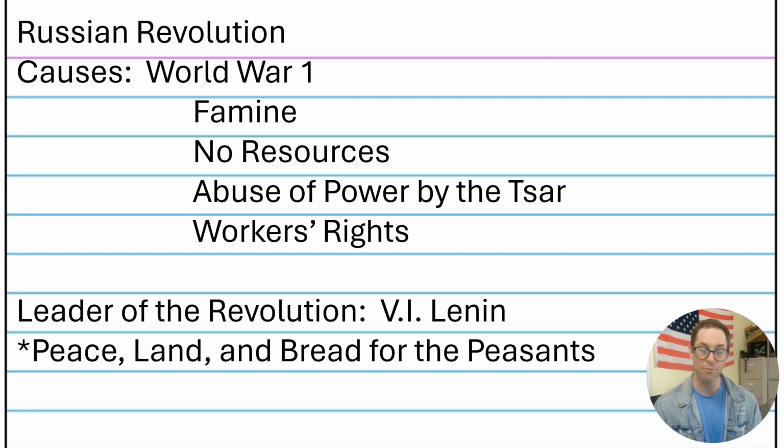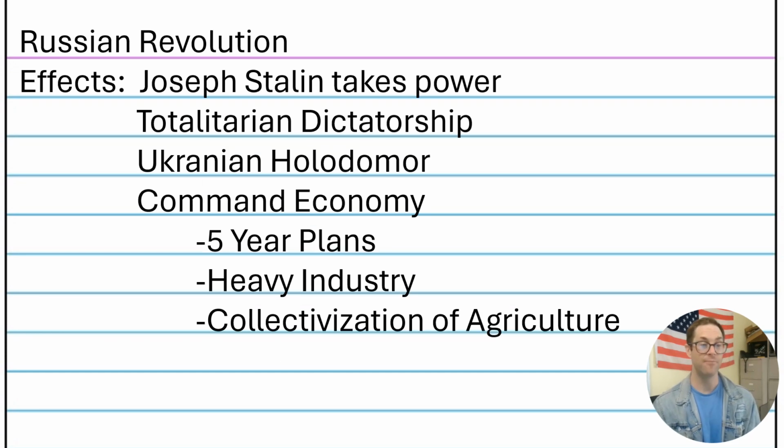Now, the leader of the revolution is V.I. Lenin, and he promises peace, land, and bread for the peasants. And in a way, he does deliver, but he just doesn't live long enough to see it all out. Now, the effects of this are Joseph Stalin taking power. He will turn these communist ideas into a totalitarian dictatorship. Both Stalin and Lenin are guilty of eliminating their competition.